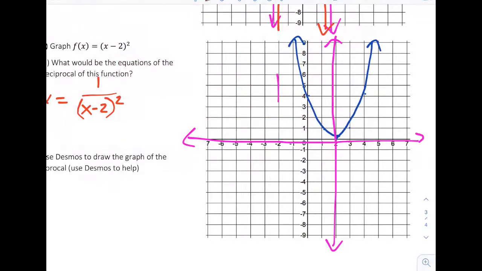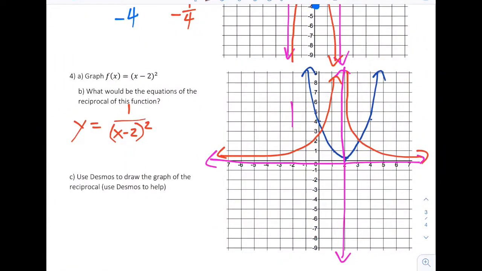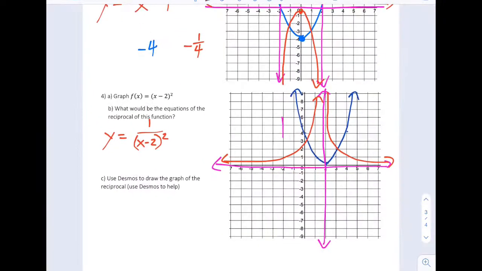So if it has to be in number 1 and 3, we only have 2 asymptotes, so I know it's got to look something like this along the horizontal asymptote and up the vertical, this one down the vertical and across the horizontal again. So a little bit different than the quadratic that we saw before that went into the negative part of the graph, the bottom half of the graph. This one doesn't, so our reciprocal looks something like that.